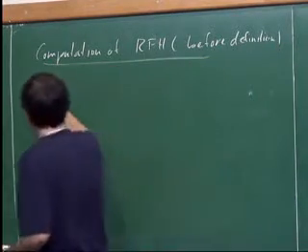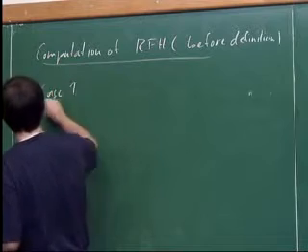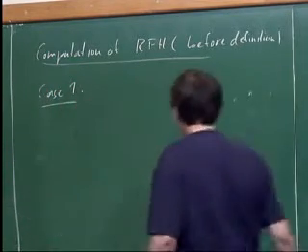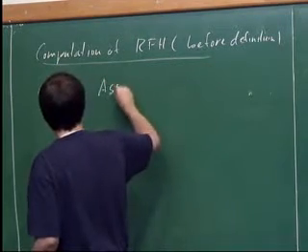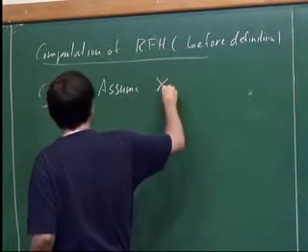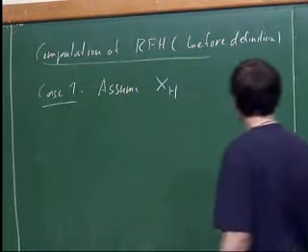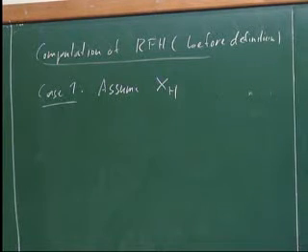But in case 1, we can tell what Rabinowitz Floer homology should be. Assume X_H has no non-trivial periodic orbits on Sigma, except what you always have, which are constants.